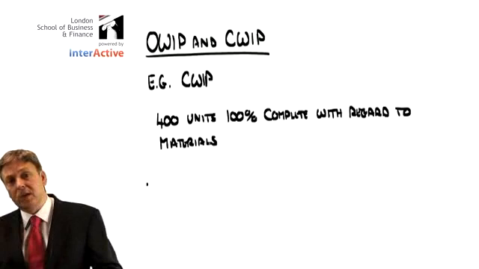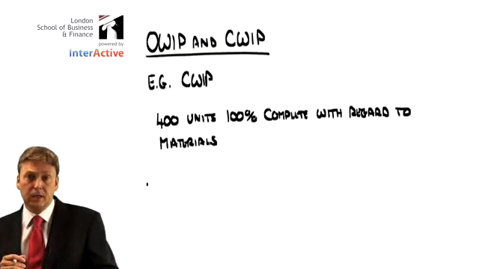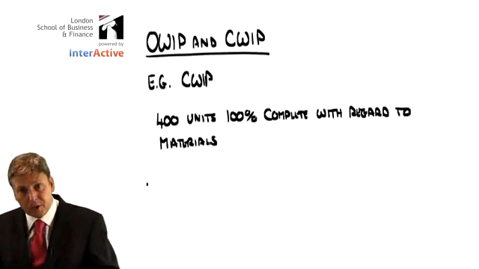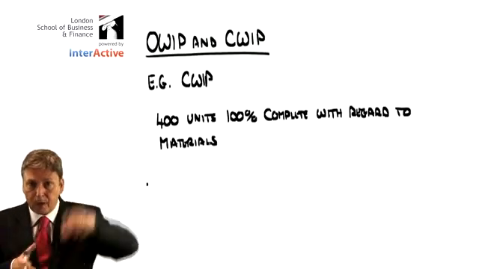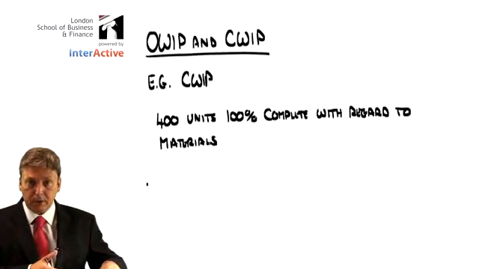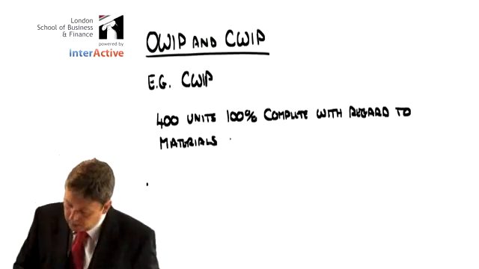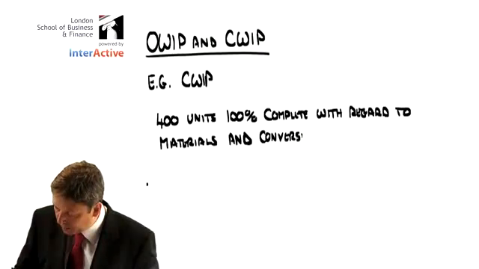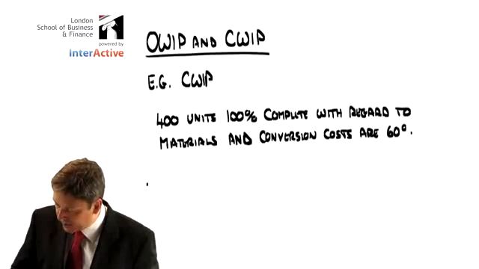The material input is often wholly complete on the basis that we introduce the material at the beginning of the process and then we apply conversion costs to it. And conversion costs are 60% complete.